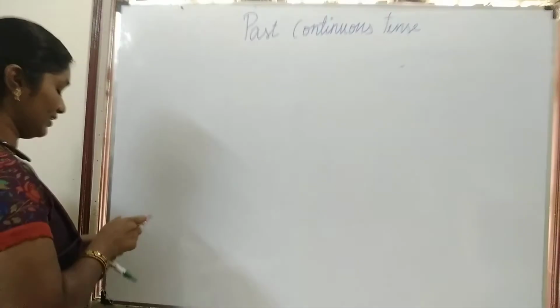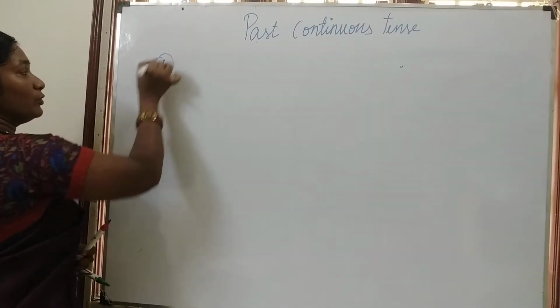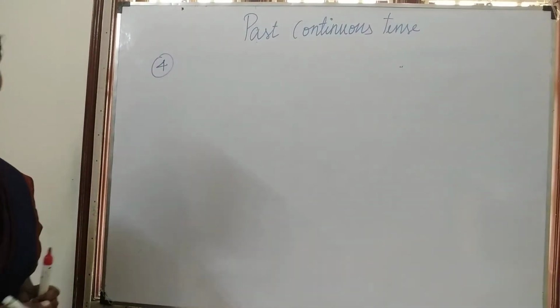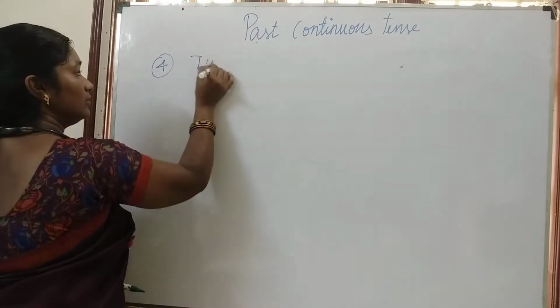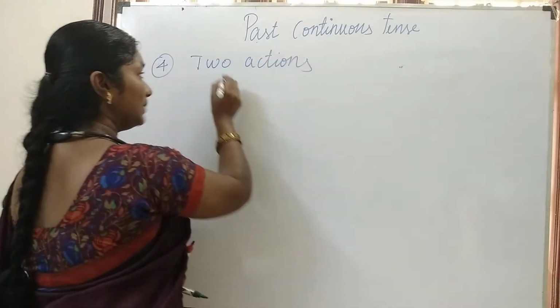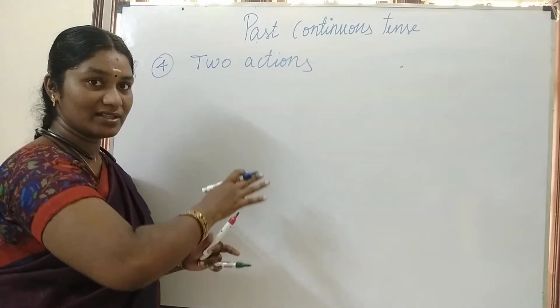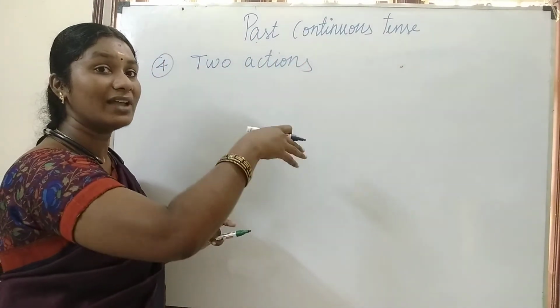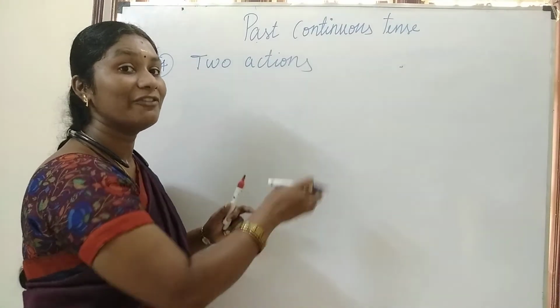The fourth one is, we use past continuous tense to point out two actions, but only to point out the action which completed first.